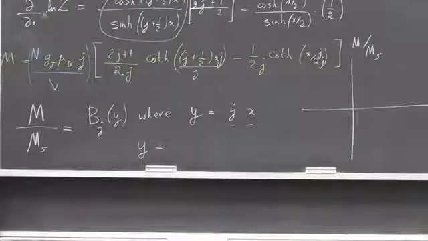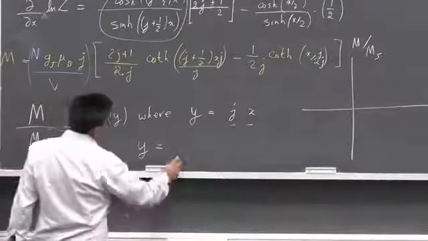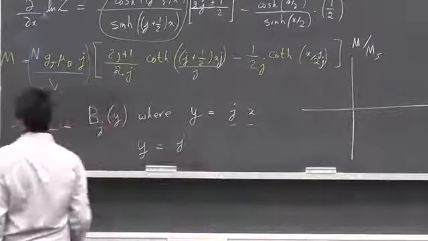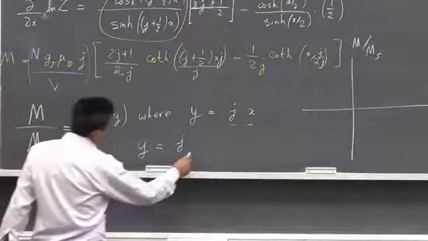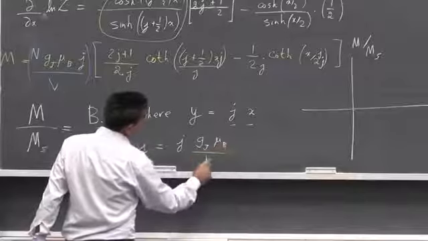This is the same x, gj mu b b over kbt. So y is being defined as j times x, and x is nothing but gj mu b b over kbt.